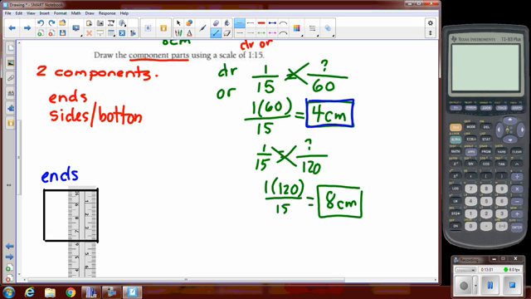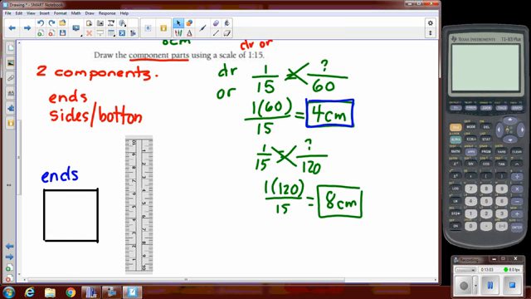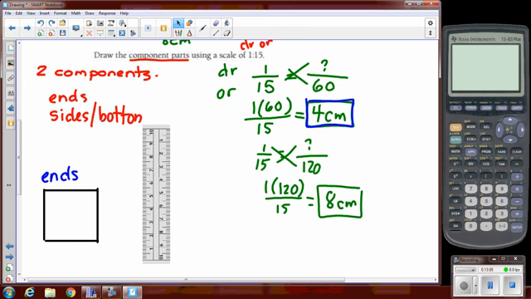So this is the ends of the box, and when we draw them, we should be labeling them with their original. So here's 60 centimeters. 60 centimeters. There's the ends.